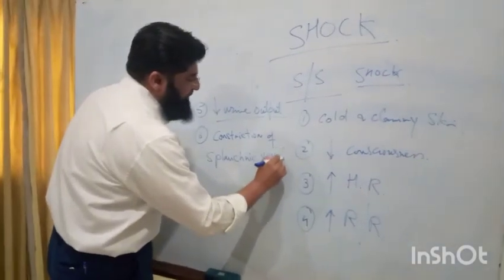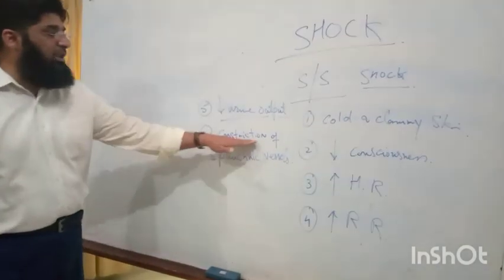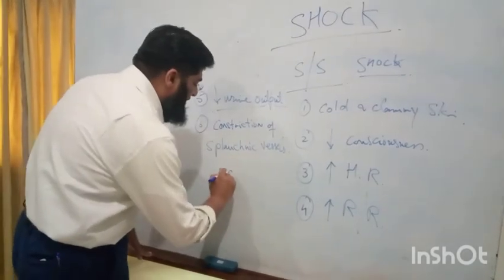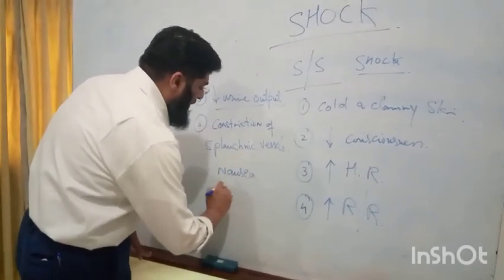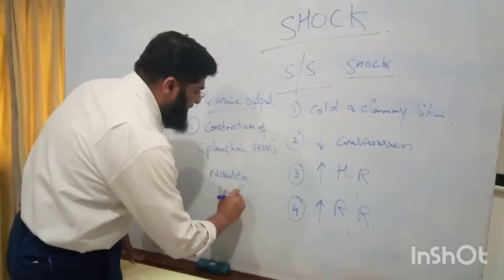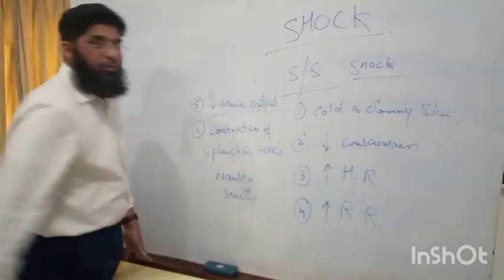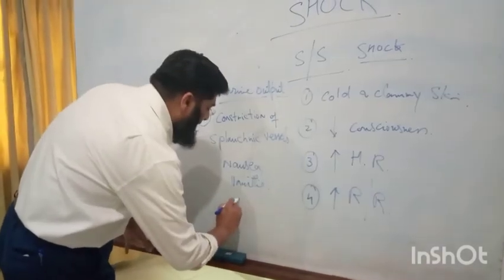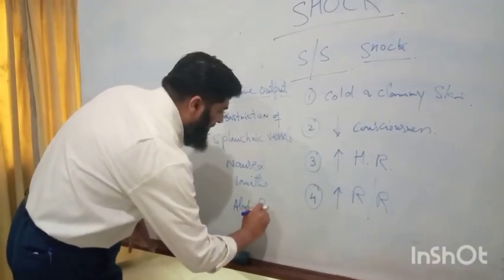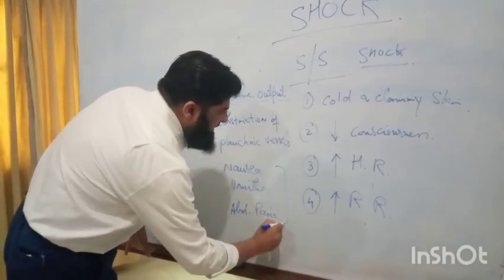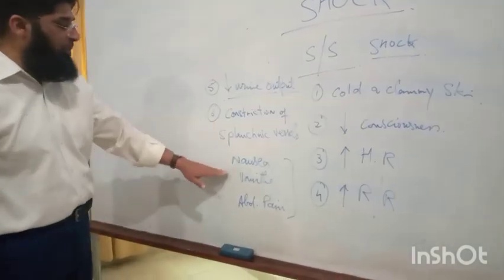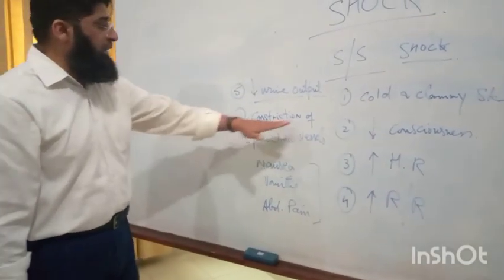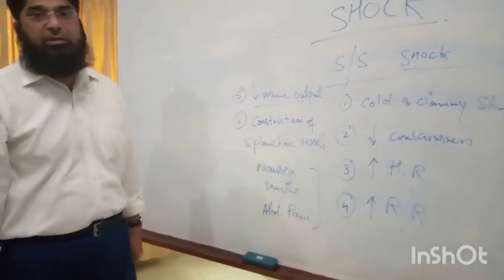Students, as a result of this constriction, the patient feels nauseated, vomiting, and abdominal pain. These 3 signs and symptoms, nausea, vomiting and abdominal pain, are because of constriction of splanchnic vessels.